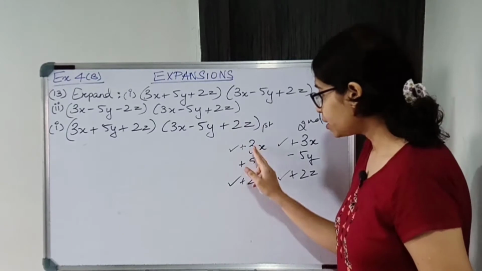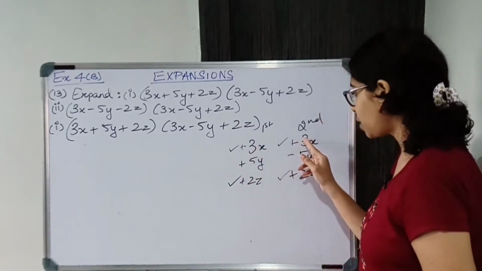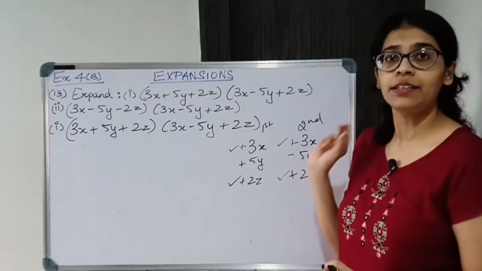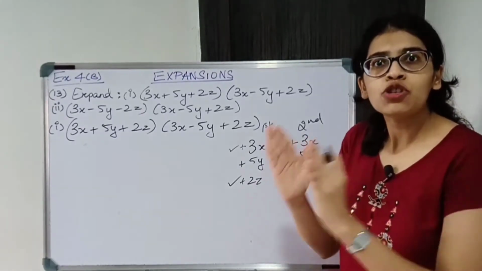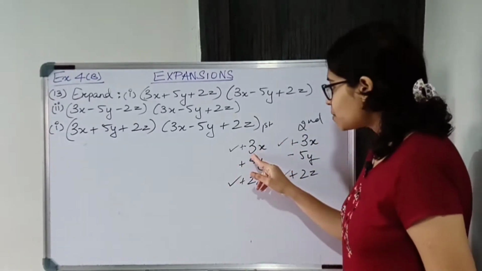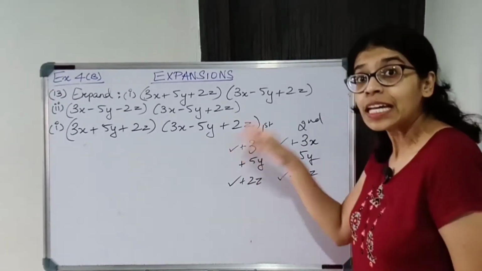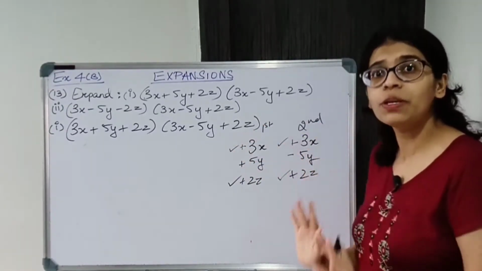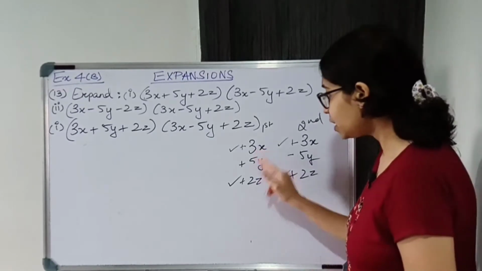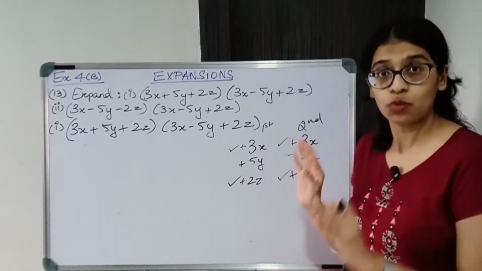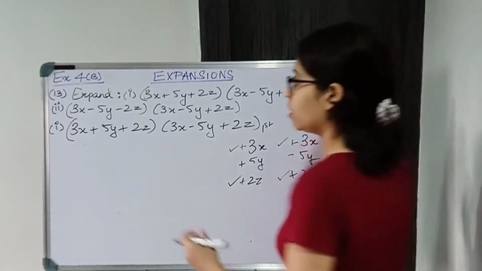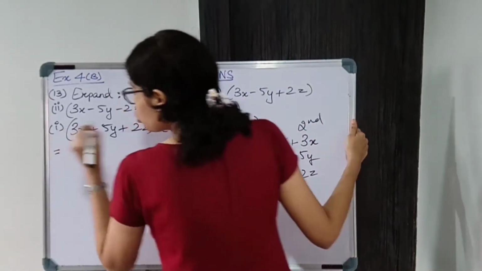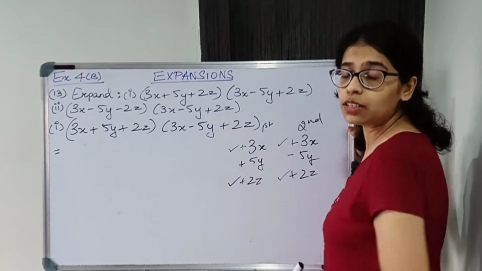In first bracket group 3x, 2z, in second bracket also group 3x and 2z. Okay, in both the brackets your grouping should be same. In first bracket these two terms are there, so in second bracket also these two terms only should be grouped. 3x plus 2z, 3x plus 2z. So in short I'm just rearranging the terms.